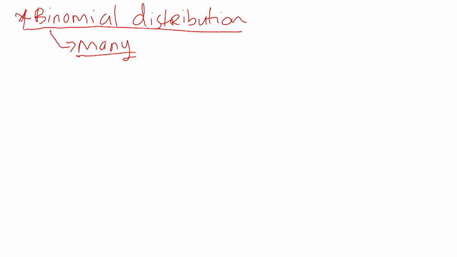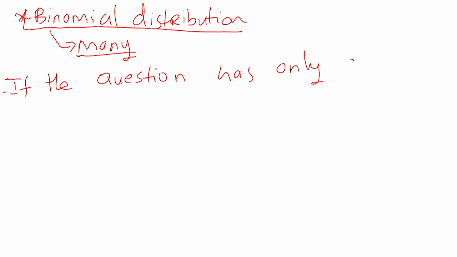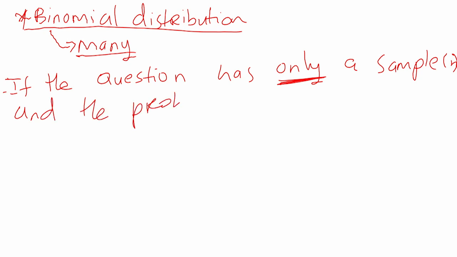Binomial distribution comes about if the question has only a sample, and only, need to underline this, a sample, which is n, and the probability of success, right? Which is just one probability of success.